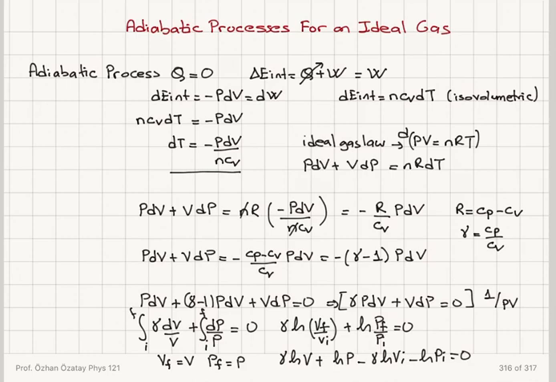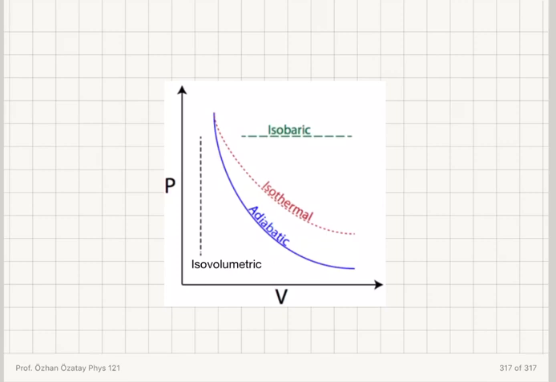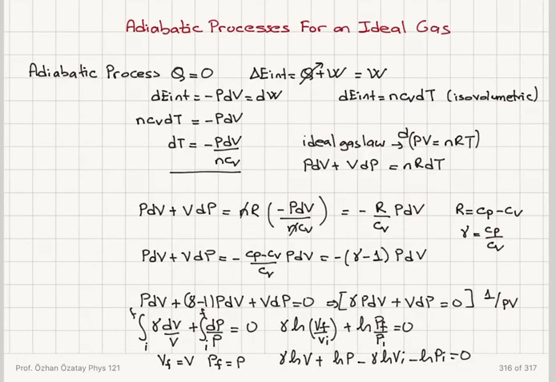So I will find that at the end, this is going to give me gamma times ln V plus ln P is equal to some constant, depending on the initial conditions here.